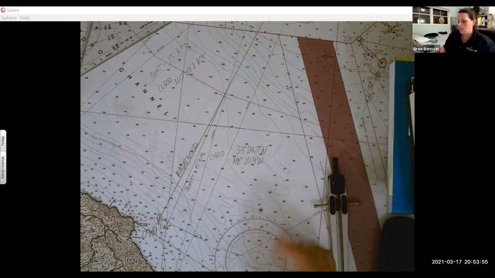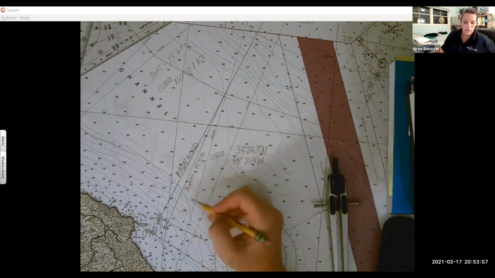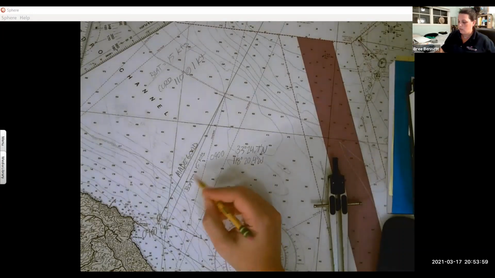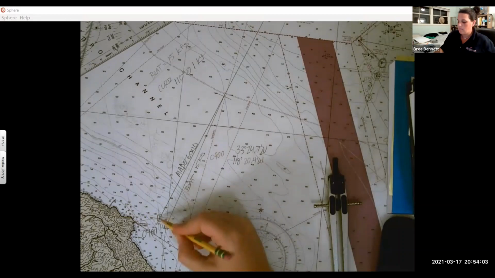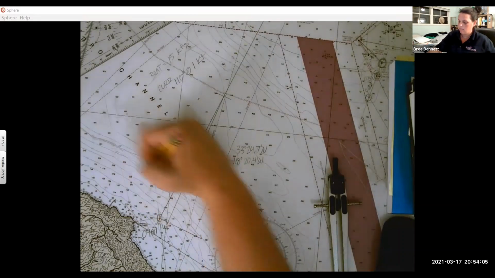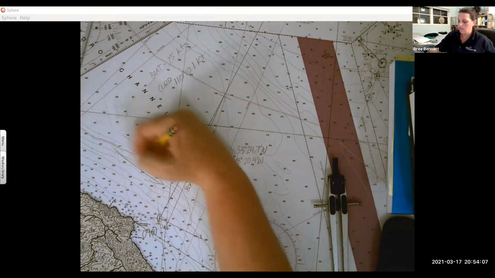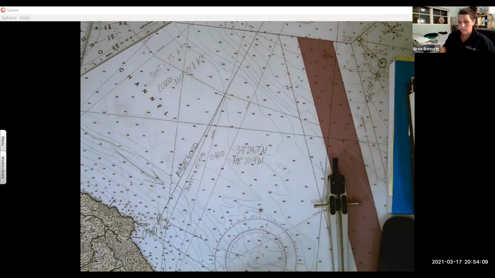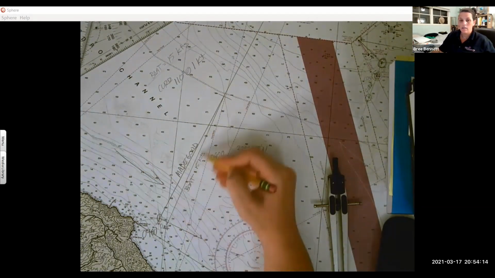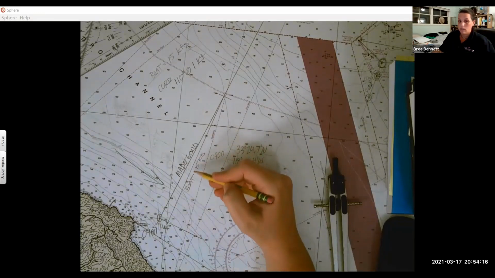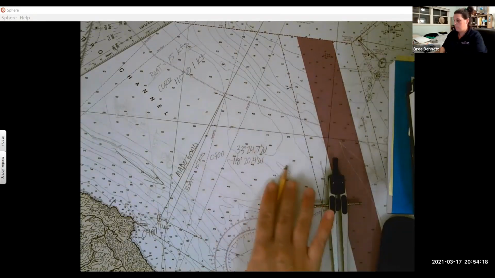You guys with me so far? Okay, so I want to know what is my course to steer. So if I want to make good this, my current's pushing me this way. This is my calculated boat course. So I want to measure that.